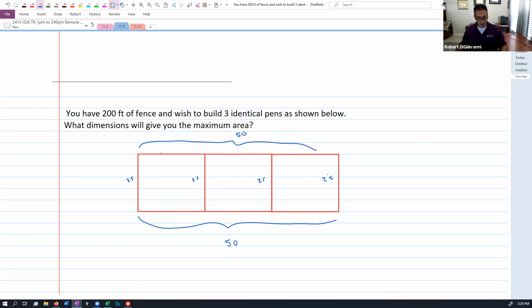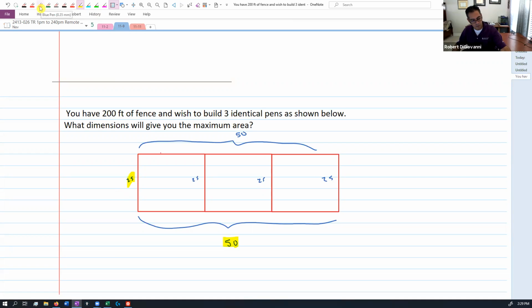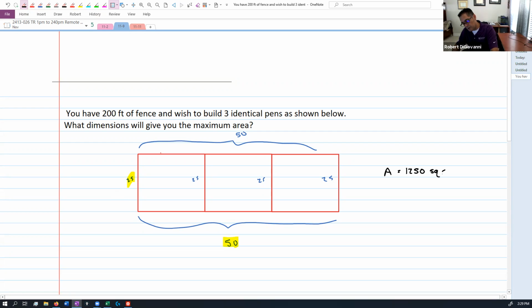All you'd have to do is multiply 50 times 25, right? Yeah, 1,250 square feet. So the area of this would be 1,250 square feet. Each individual one would be 416.6 repeating.